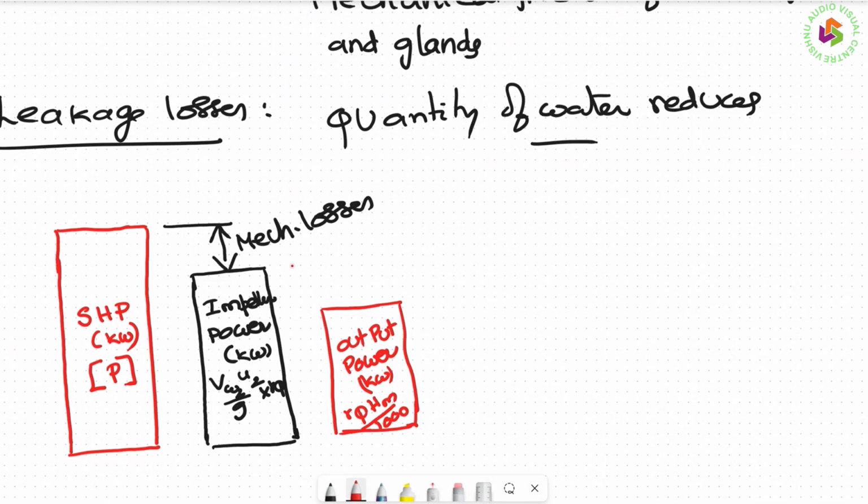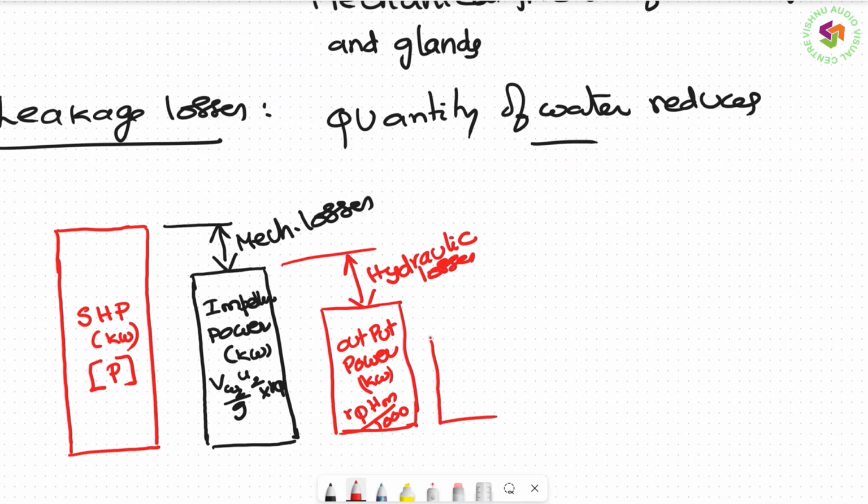So what is the difference between these two? This is hydraulic losses. And the other hydraulic losses, if at all anything is there.